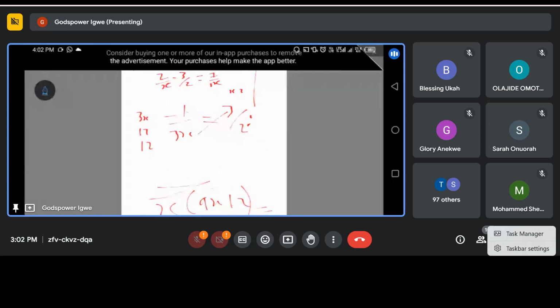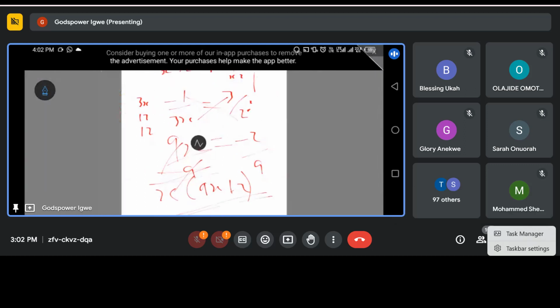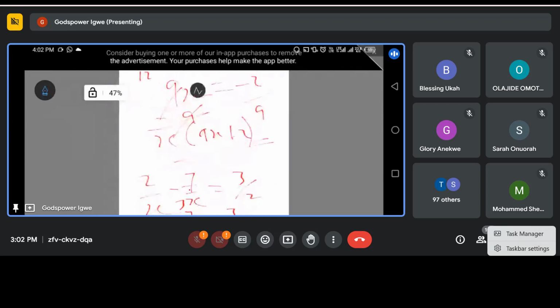So now, if you multiply this by this, this is going to be 9x equal to minus 2. Then this is over 9, this is over 9. So x is equal to minus 2 all over 9.